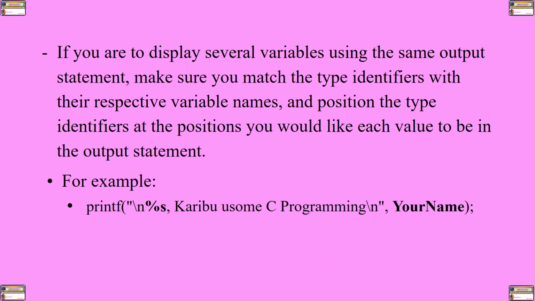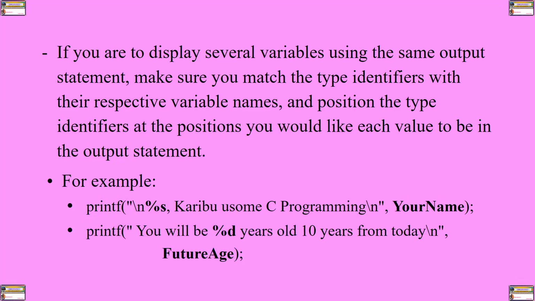An example is %s, then karibu usome C programming. You can see where the type identifier is. That is where the content in the memory location called your name will be placed. So the type identifier's positioning in an output statement is key, because that is where that value will be displayed.